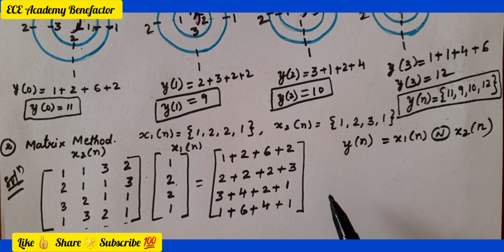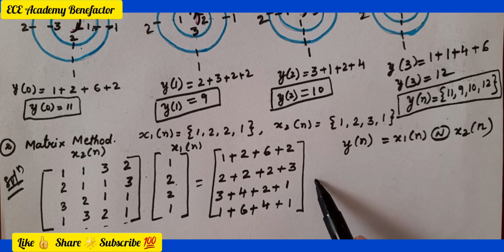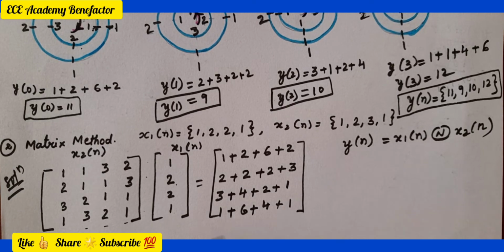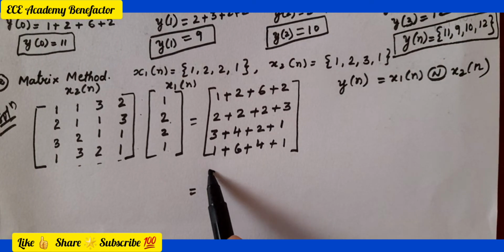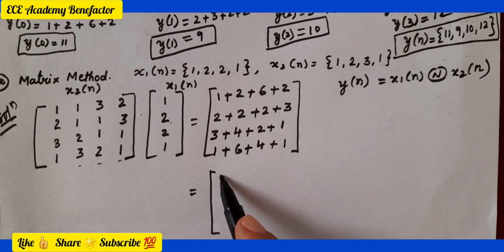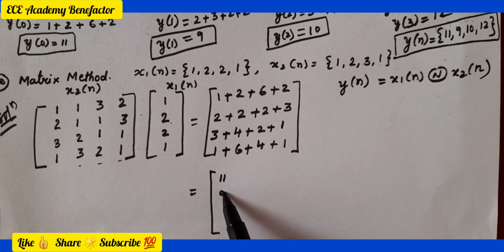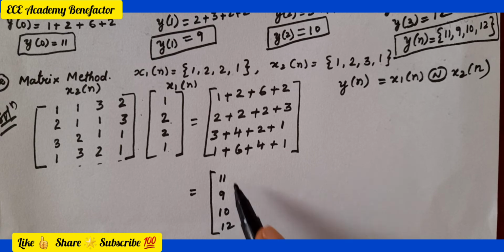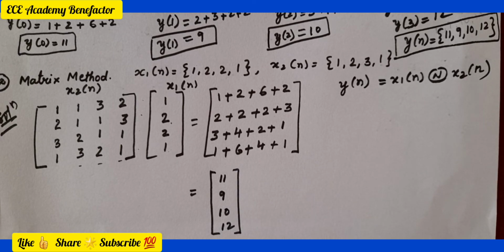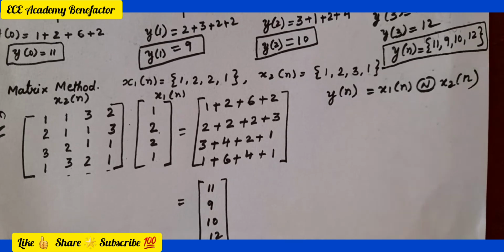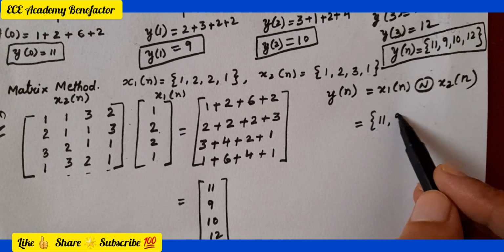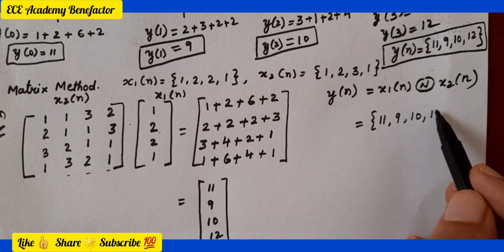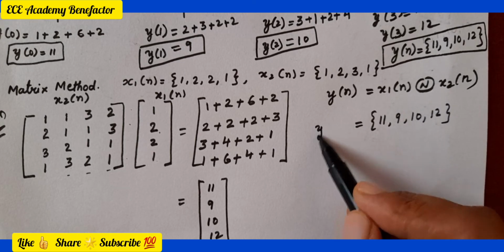Okay, so on simplifying, we are getting it as 11, 9, 10, 12. So we got y of n is 11, 9, 10, 12. So this is y of n.